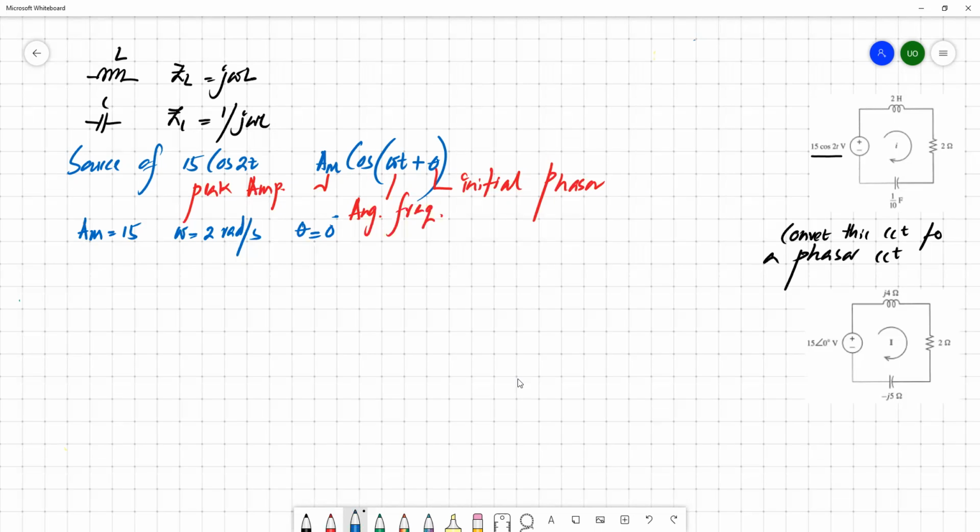So then we can convert this to a phasor like this, amplitude and initial angle. So this is replaced with 15 and the angle of 0. So that's why it's here.